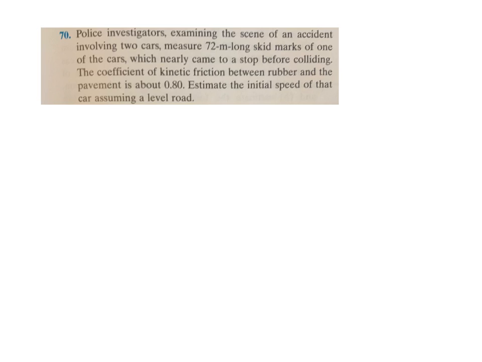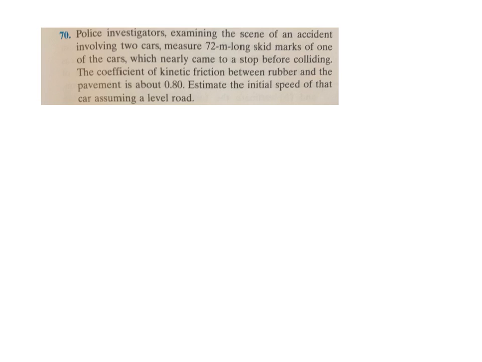All right, so skid marks is a common example for a friction problem in physics. So what happens is that the car, the person slams on the brakes, and then that'll cause the car to suddenly try to stop, and it might slide along the surface of the road, leaving skid marks from the tires.